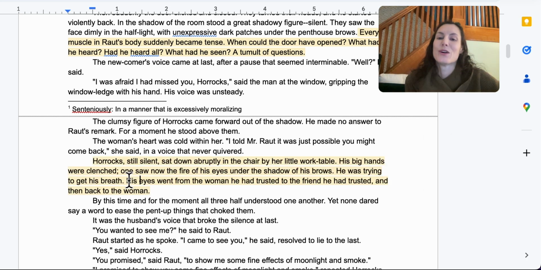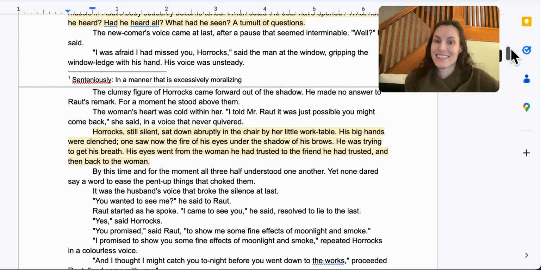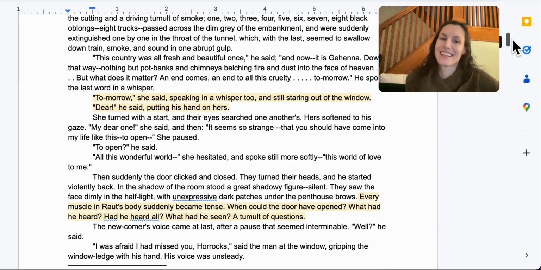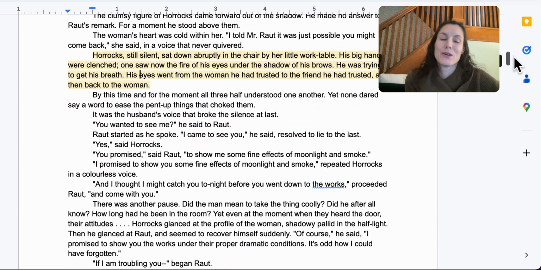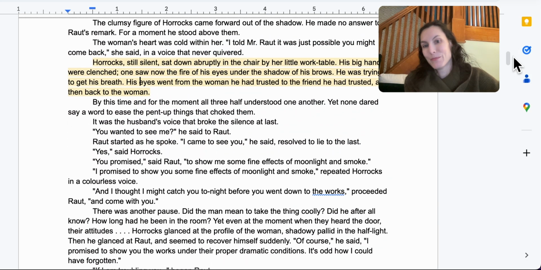And then we also switch to the point of view of Horrocks. So not only do we learn that Horrocks is this lady's husband, but he's also the friend to Mr. Rout, and he is aware of their affair because here they're talking about leaving together. So the point of view switches between Mr. Horrocks and Mr. Rout.